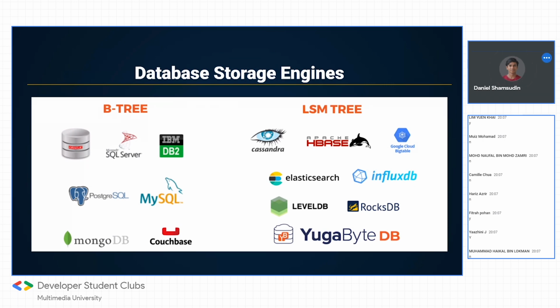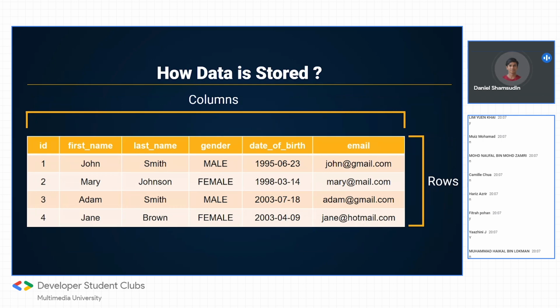So how is data stored in databases? Usually they are stored in a table, with rows and columns, with each row representing a separate entry and each column representing a different attribute.